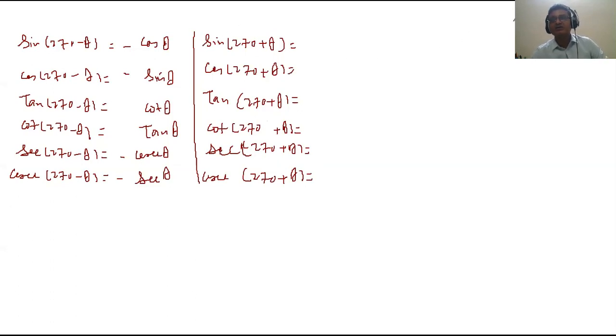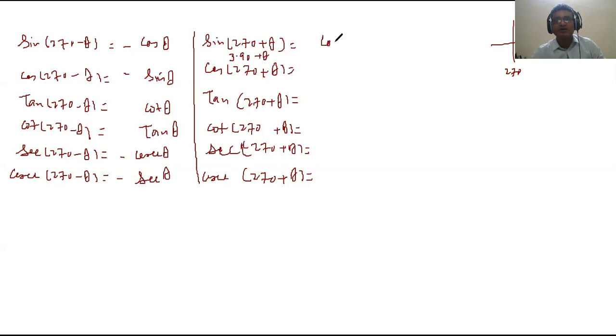Now you can see it is 270 plus theta. It means it is in the fourth quadrant. In the fourth quadrant only cos and sec are positive. Since it is an odd multiple of 90 degrees, you can see that it is 3 into 90 plus theta.